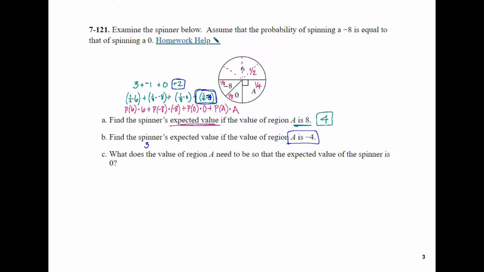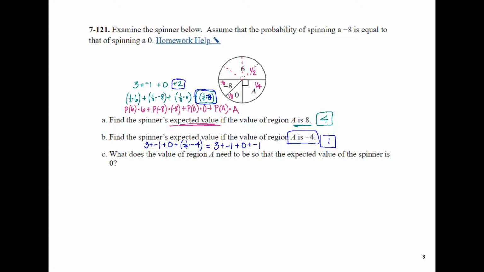So our 3 plus -1 plus 0 will stay the same, but then we have 1/4 times -4, which is -1. So we get 3 plus -1 plus 0 plus -1 gives us an expected value of 1.